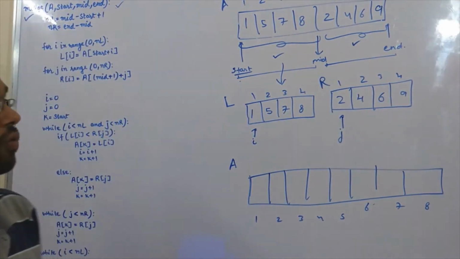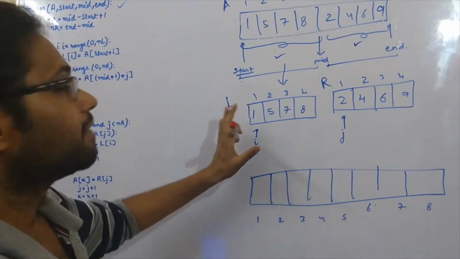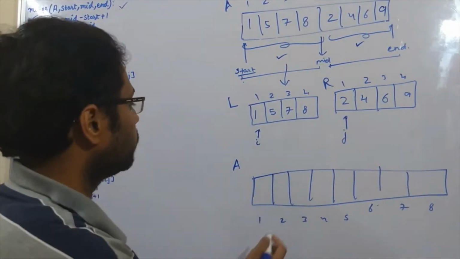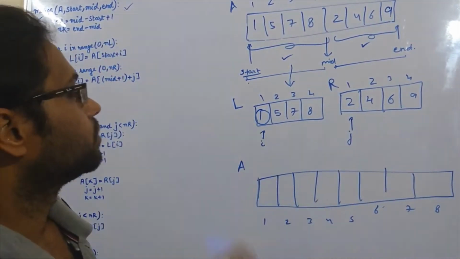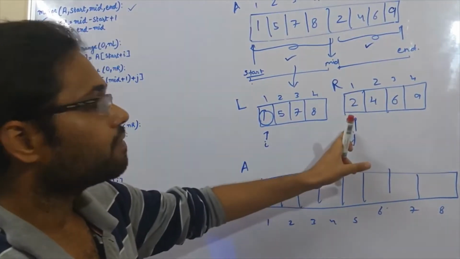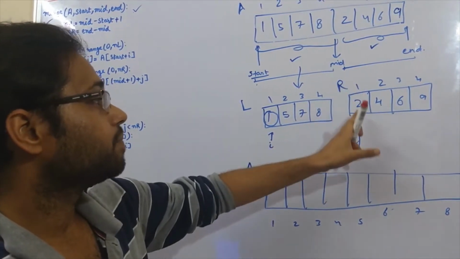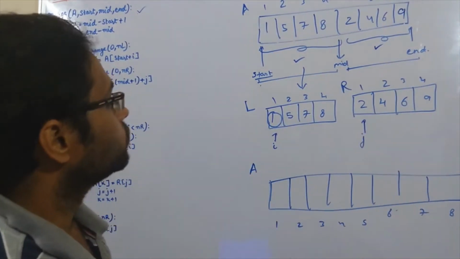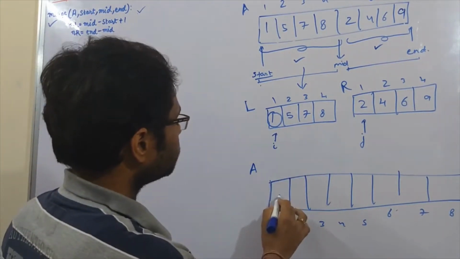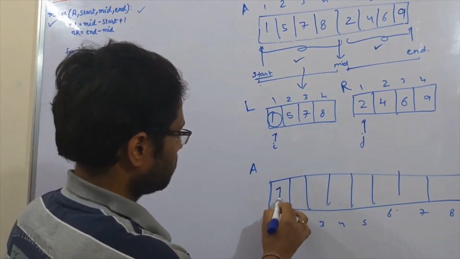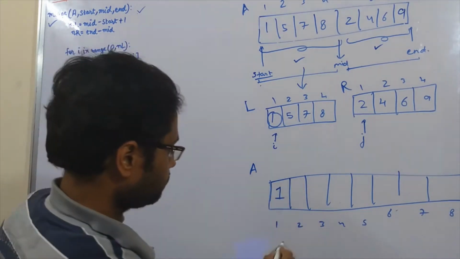We will start comparing the element from the left array with the right array. First we see the first element of the left array, that is 1. Then we see the first element of the right array, that is 2. Which one is less? 1 is less.